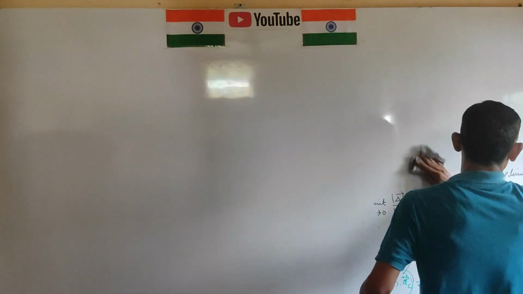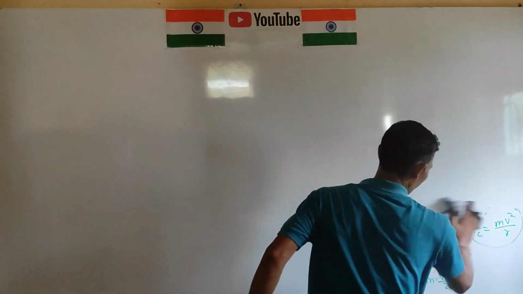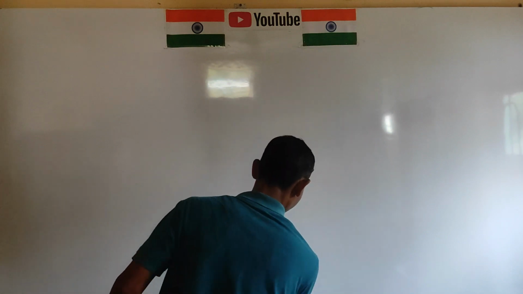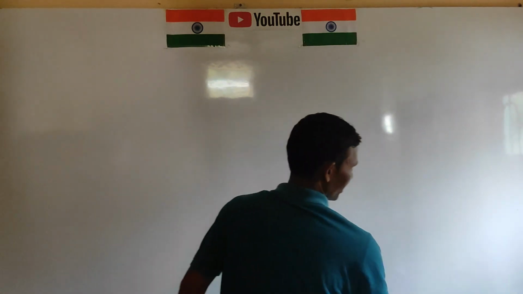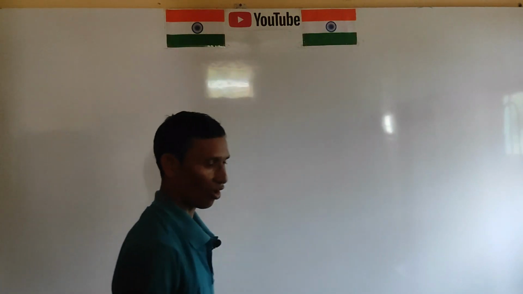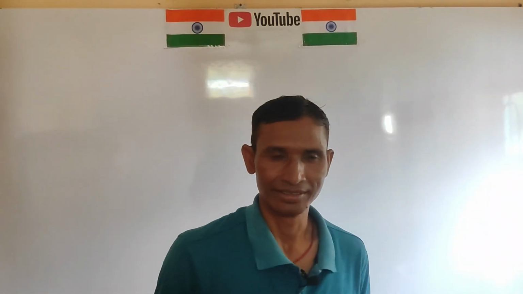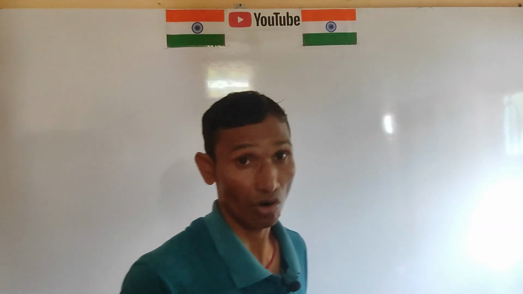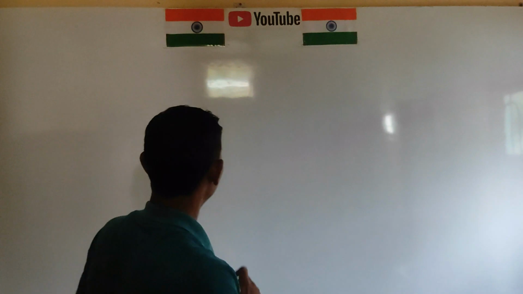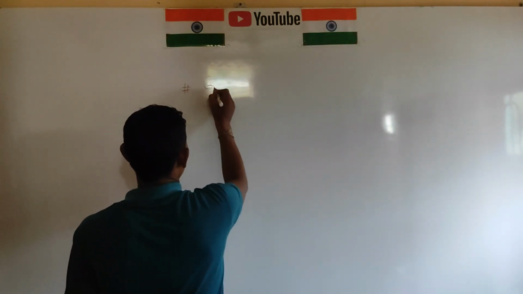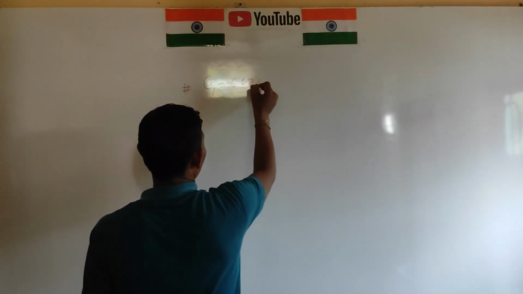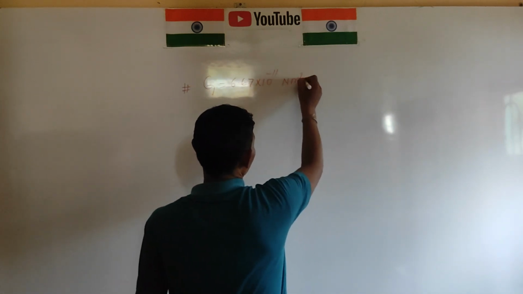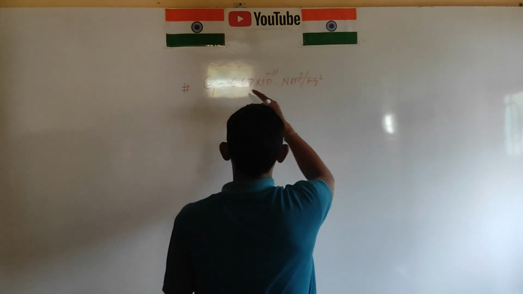Enough cleaning. Our topic is why we call it the universal gravitational constant. G is called the universal gravitational constant. Why? Here capital G is 6.6711 Newton meter square per kg square.